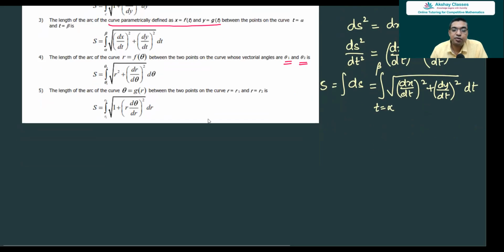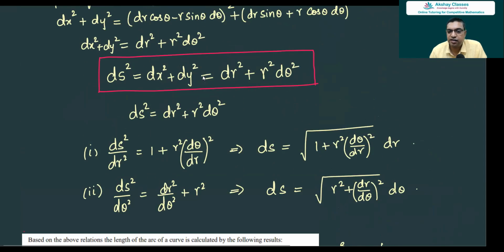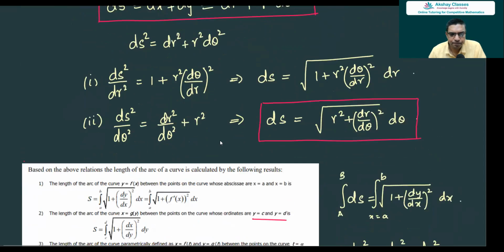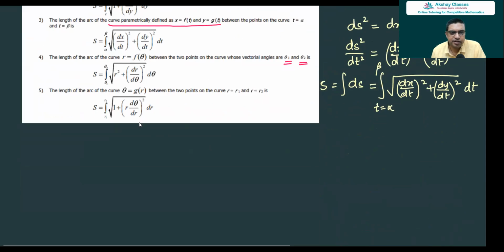If it is with respect to theta, then our ds should be in terms of d theta. So this expression we will use: ds is equal to under root of r square plus dr upon d theta the whole square times d theta. So that's what we are writing here, and integrating it from limits theta 1 to theta 2.